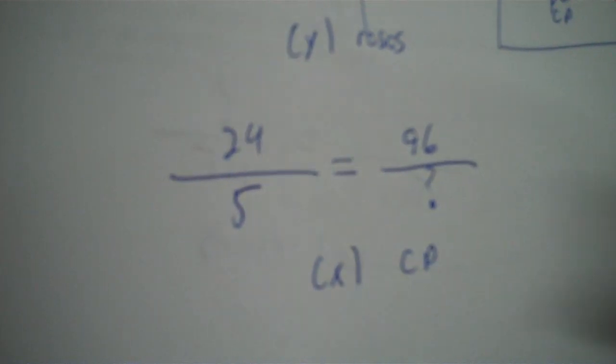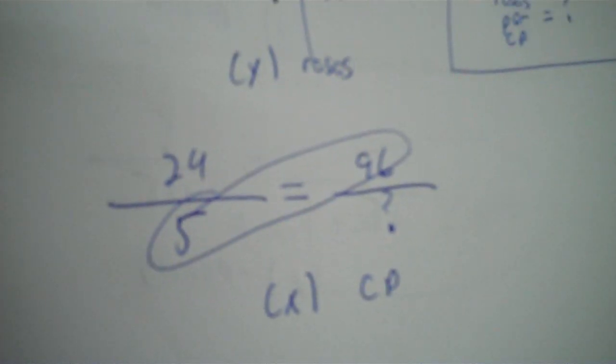So Y is roses, and X is centerpieces, so it's 24 over 5. And then 96 over the, either make up a variable or put a question mark. It doesn't matter, okay? So I can easily just cross multiply and divide. 5 times 96 divided by 24.